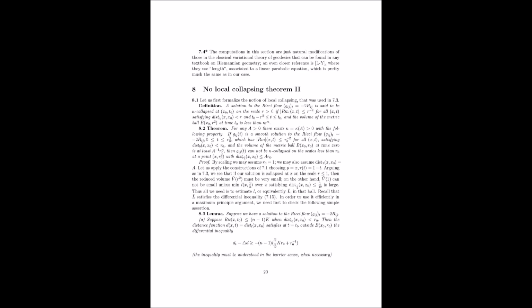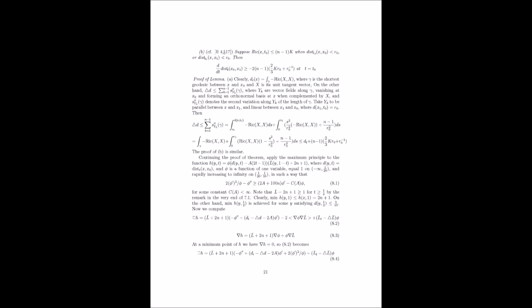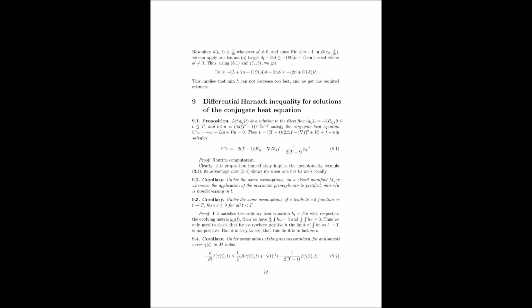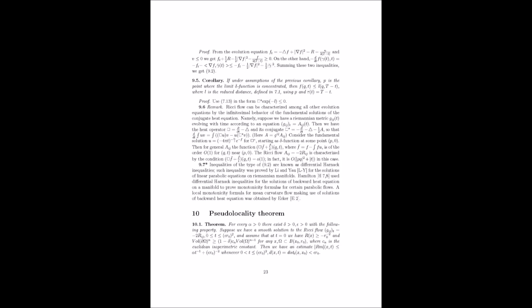Well, remember the W functional we discussed earlier? To prove the no local collapsing theorem, we analyzed the behavior of this functional on a sequence of shrinking balls within the manifold. If the volume of these balls were to collapse too quickly, it would lead to a contradiction with the non-decreasing property of the W functional.